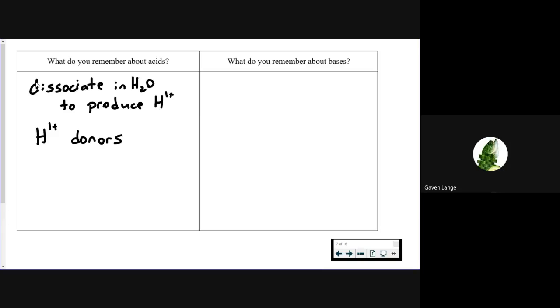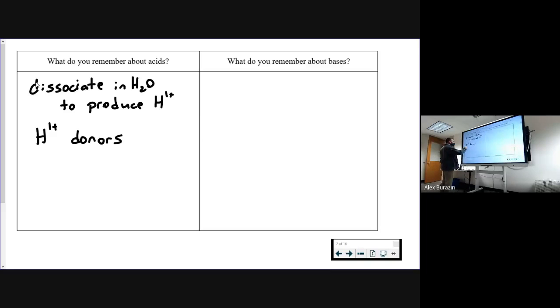That's it. Acids have a low pH. Nice, thank you. So low pH, I'll say less than 7, right?